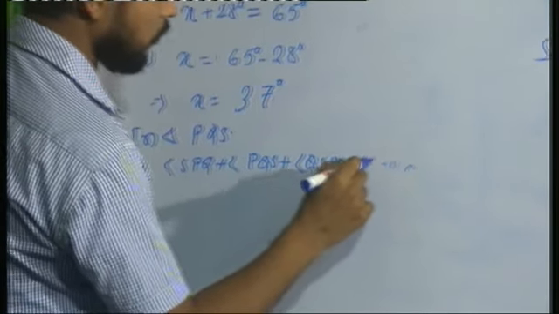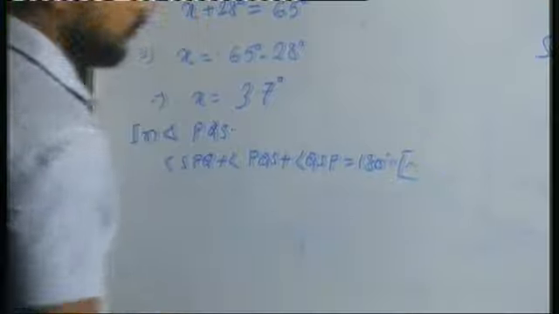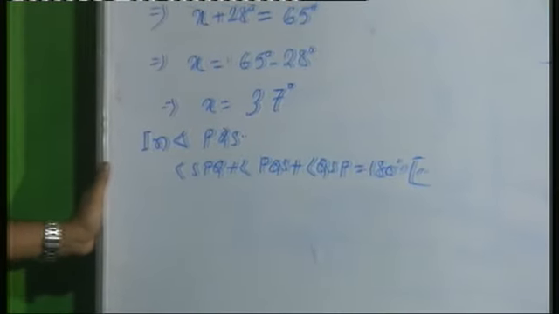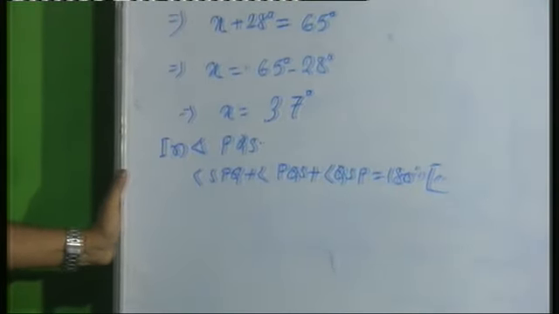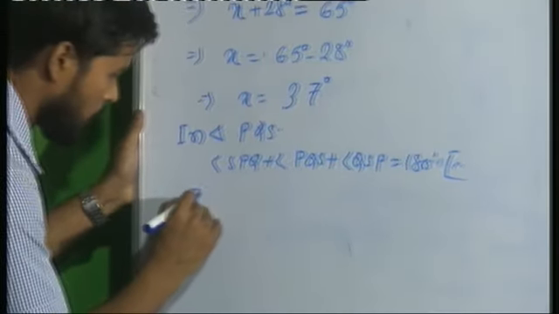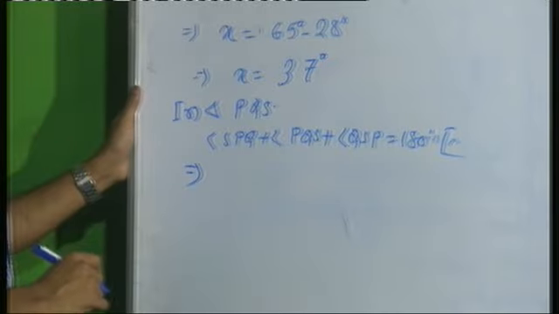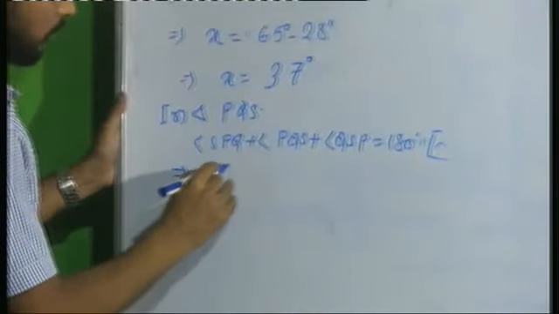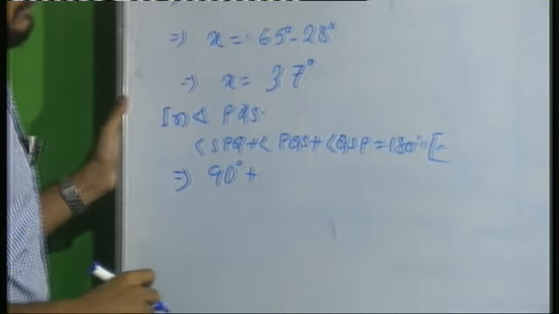QSP is equal to 180 degree, and within bracket mention the condition why it is equal to 180 degree, because the angle sum property. So what is the measurement of angle SPQ? Angle SPQ is equal to 90 degree, plus angle PQS.